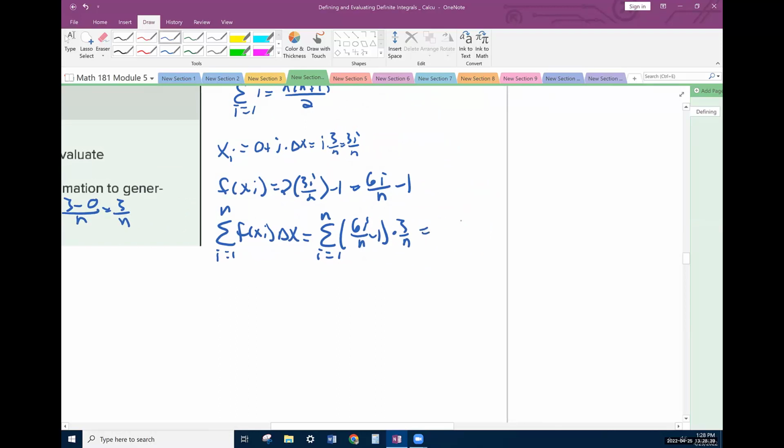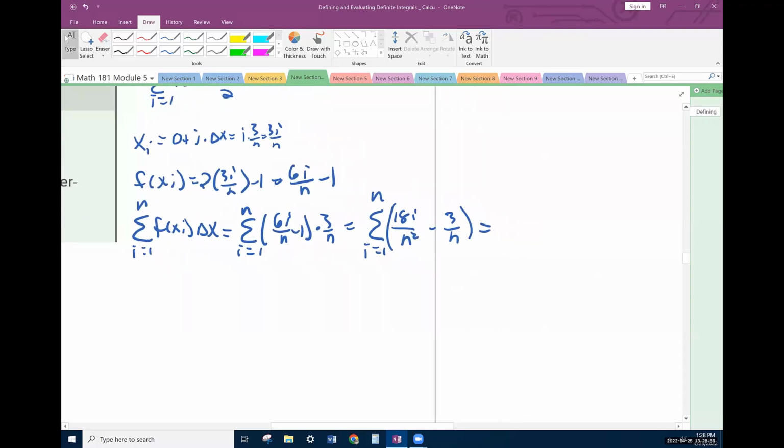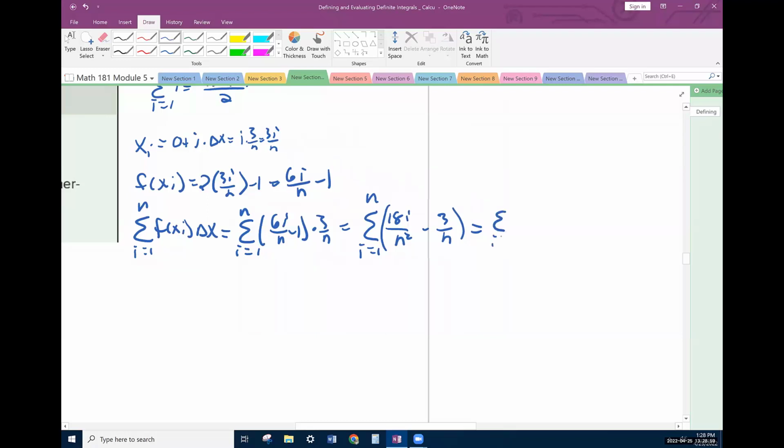Let's distribute the 3 over n. We only had a single term last time, we have 2 this time: 18i over n squared minus 3 over n. And we can make this into 2 different summations: the sum as i goes from 1 to n of 18i over n squared minus the sum as i goes from 1 to n of 3 over n.